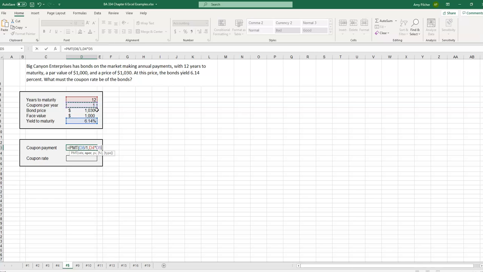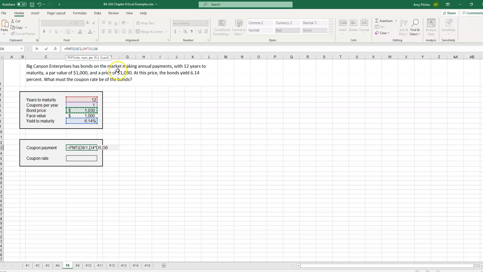Next, we have the present value of the bond, and the present value is the current bond price. Oh, I need to put a comma in before that. In class, I accidentally used all dividing instead of all commas, and of course broke my formula.